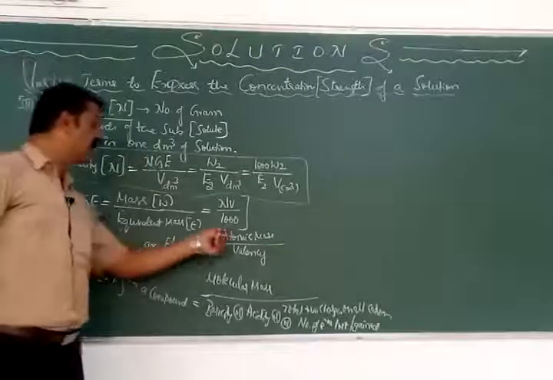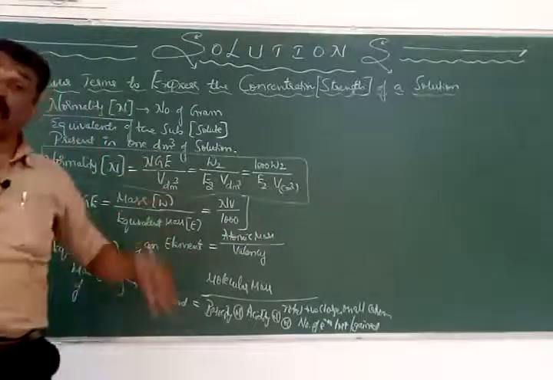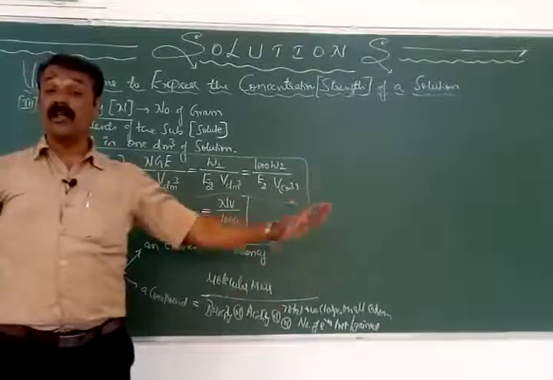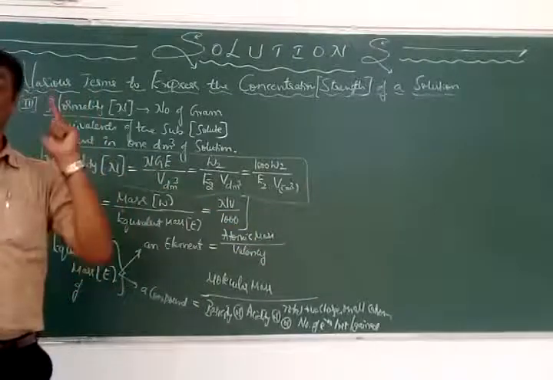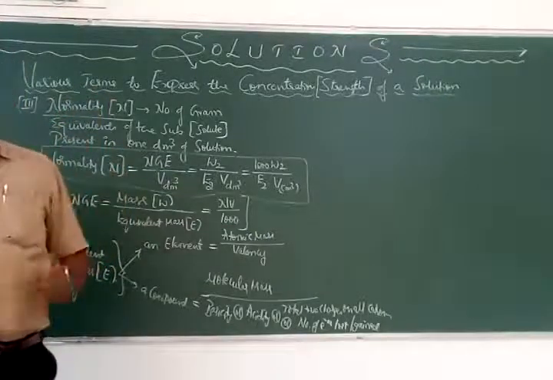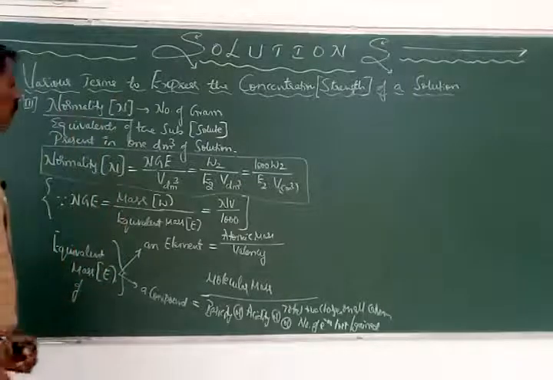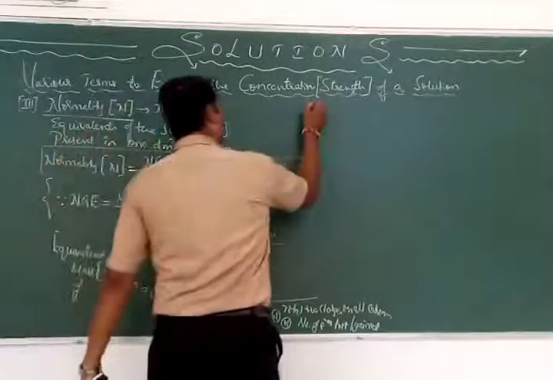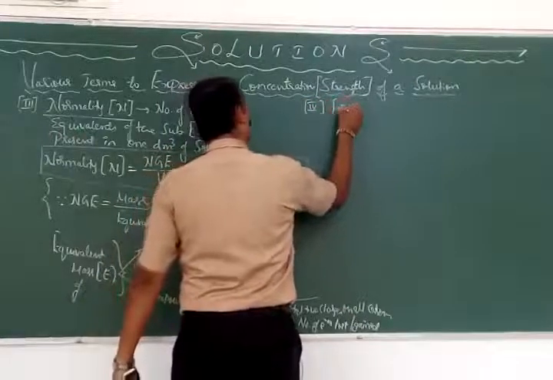If it is an element, it is atomic mass by valency. If it is a compound, it is the molecular mass divided by basicity, acidity, total positive charges on all cations, or number of electrons gained or lost. So this is the concept of normality. Then the fourth one is formality.